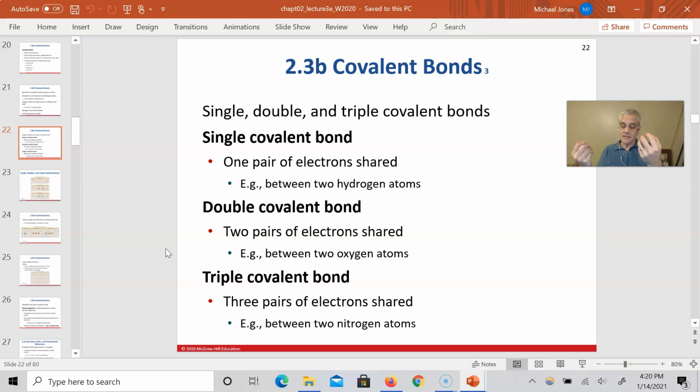But just as easily, one nitrogen could share a single covalent bond with a hydrogen over here, and a hydrogen over there, and a hydrogen over here. So it would have 3 single covalent bonds. Some atoms can do both. Some prefer one or the other.